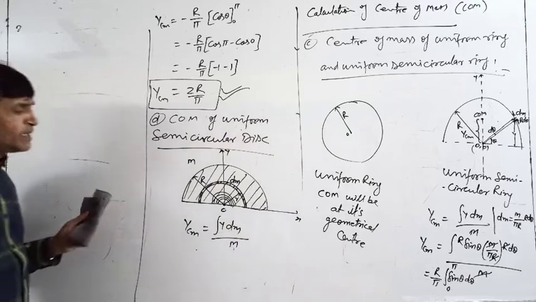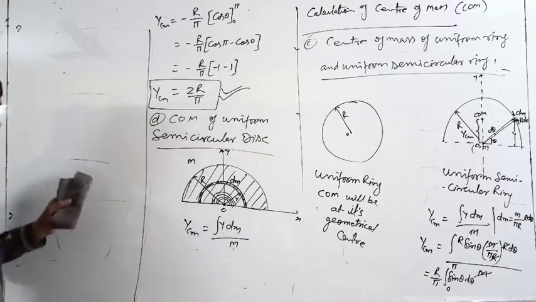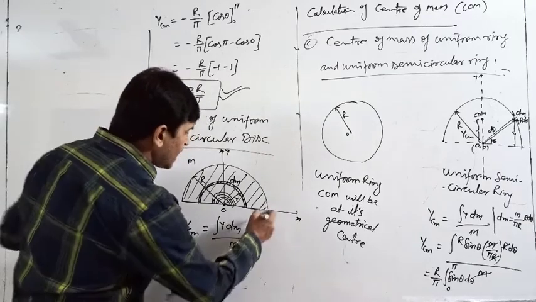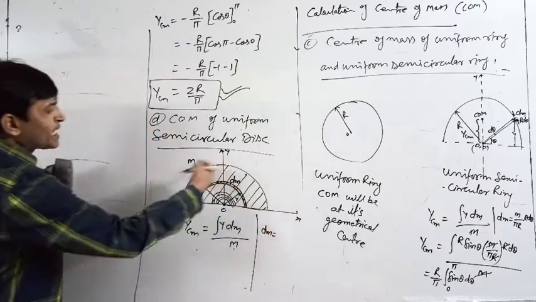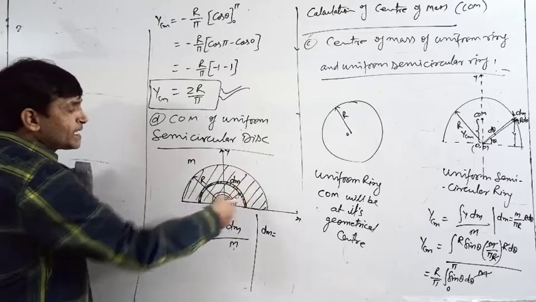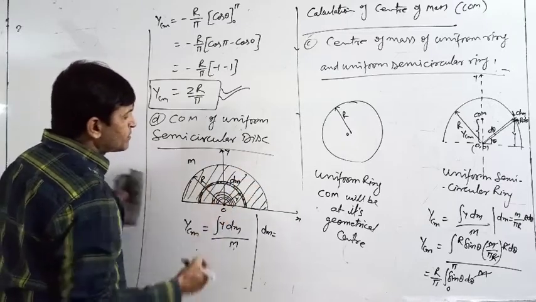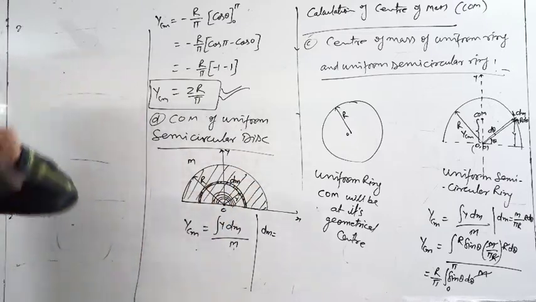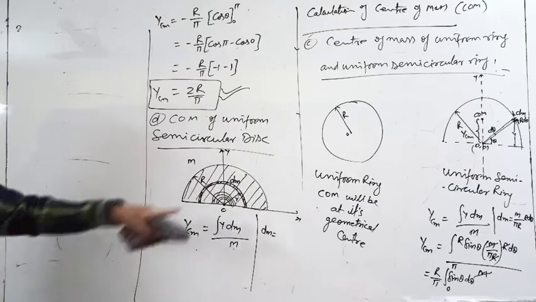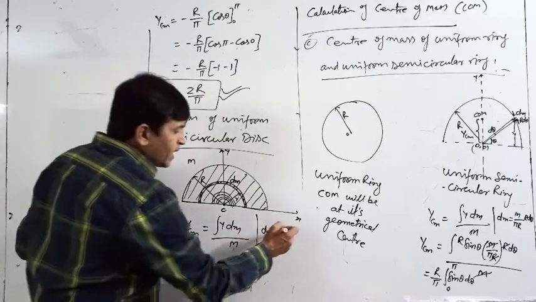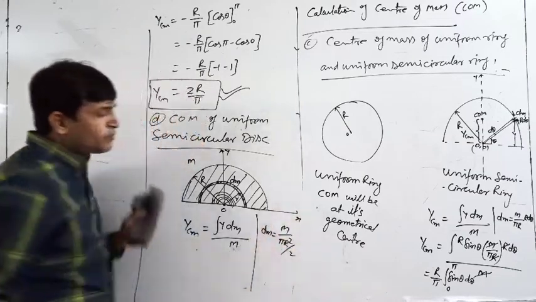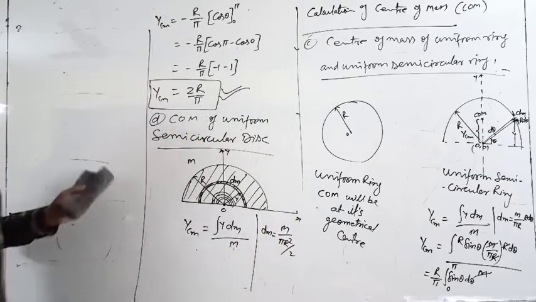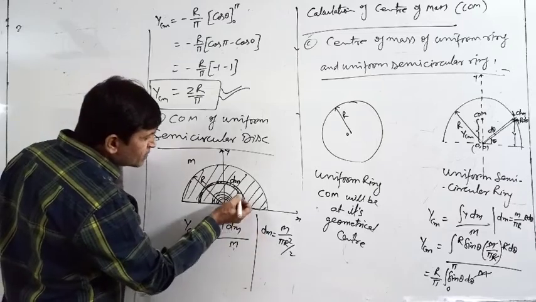Mass of this element is dm. So first I would like to calculate what is dm. Total mass is spread in the area. How much area? Pi R square by 2, half of the area of the circle. So mass M is spread in pi R square by 2. And dm is the mass of this element.